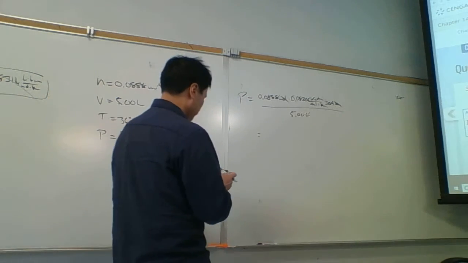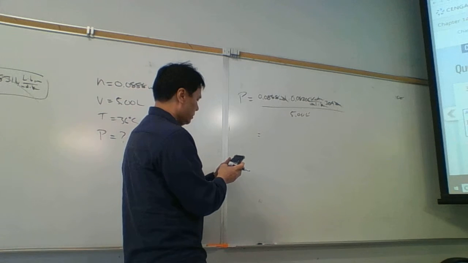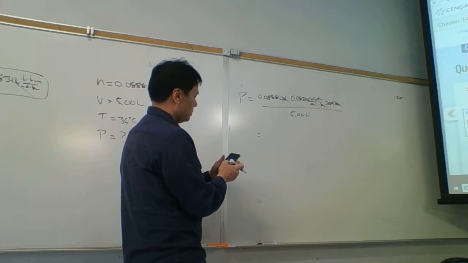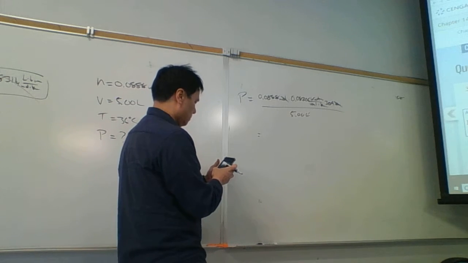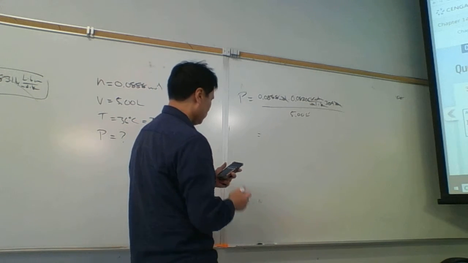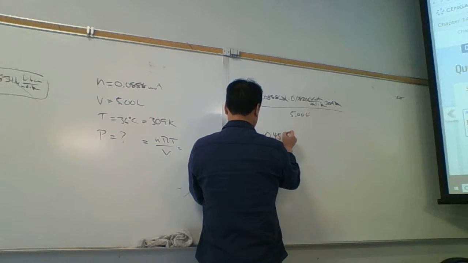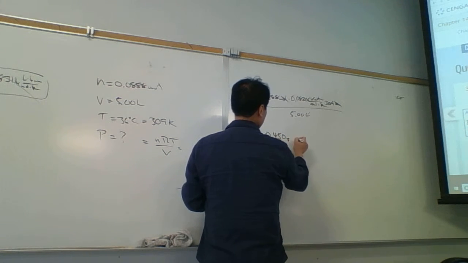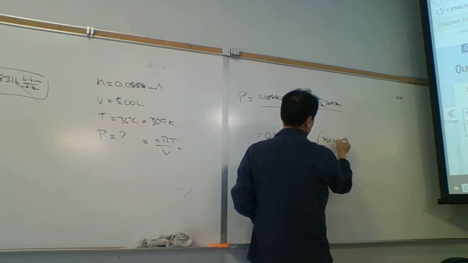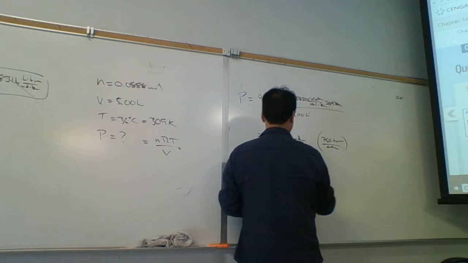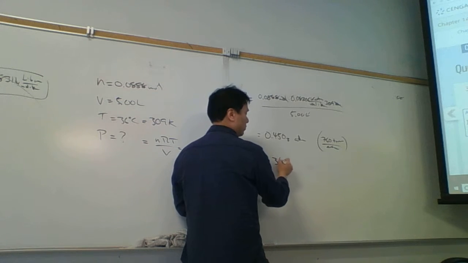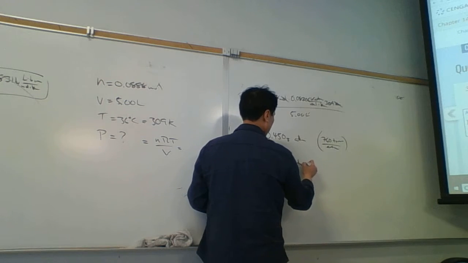Let's see what it comes out to: 0.0888 times 0.08206 times 309 divided by 5 gives .4503 atmospheres. Then we can convert that to torr, 760 torr per atmosphere, which gives .342 torr.